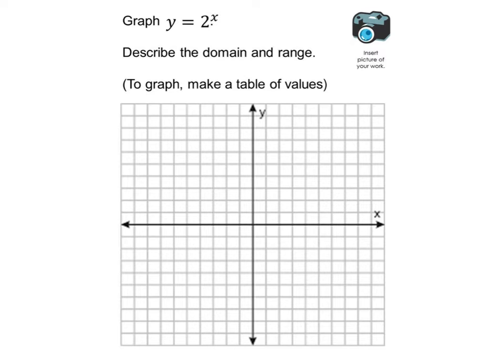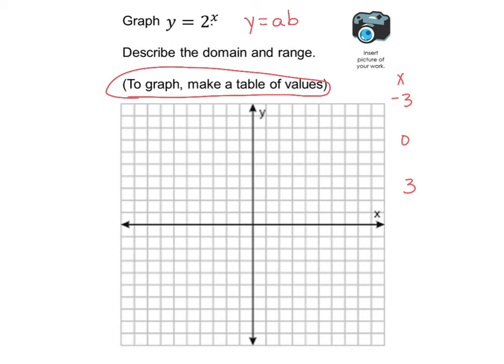Okay, so to make a graph, make a table of values. And I'm going to use the numbers negative 3, 0, and 3, just because the way this is written, I remember my format is a b to the x power, and my a is my y-intercept.